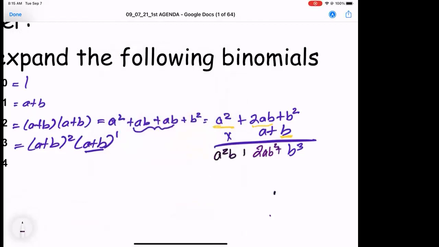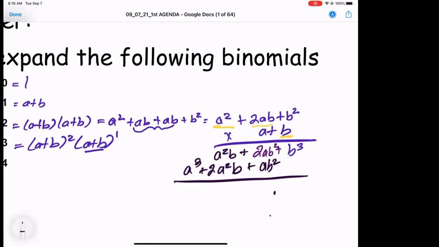And that gives us a squared b. All right, so now we have to multiply by a. We have b squared times a, that's ab squared. We've got 2ab times a, 2a squared b, and then we have a squared times a, a cubed.